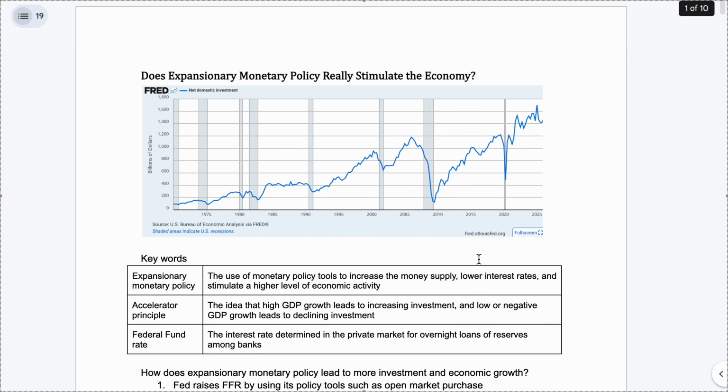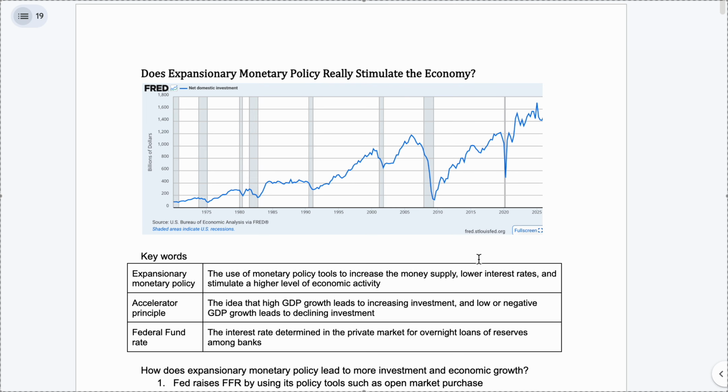So my conclusion is that it's sometimes uncertain whether expansionary monetary policy is really effective in increasing investment. We have some evidence that it can increase aggregate demand, stimulate the economy, and push the economy out of recession, whether slowly or fast. We have some evidence that it sometimes works.